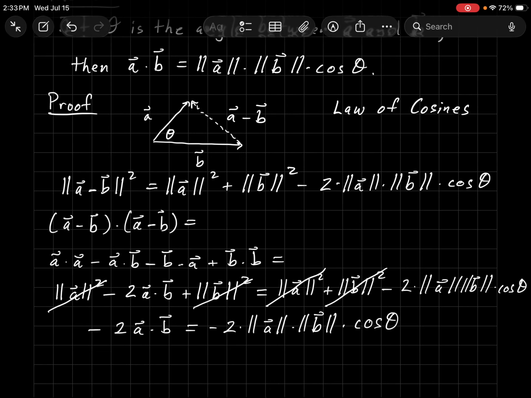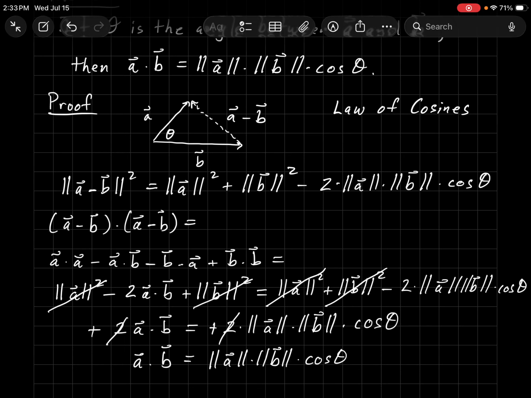Now if I divide both sides by negative 2, notice that we get exactly what we want. We get A dot B equals the magnitude of A times the magnitude of B times the cosine of theta.